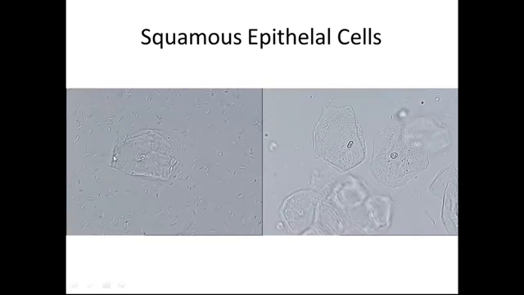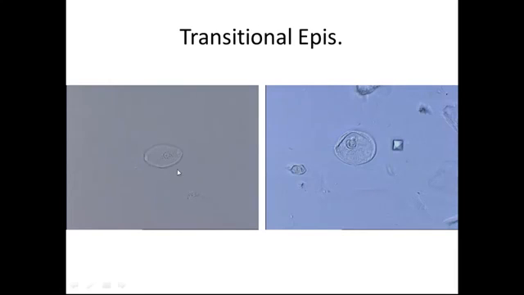So here's what a squamous epithelial cell looks like, very rigid in edge. You will see a nucleus. They don't have really any defined shape, so to speak. They can all be a little bit different. Here you have some transitional epithelials, and you'll note the lip of the transitional epithelial, and sometimes they will have a flattened edge, and then a nucleus.